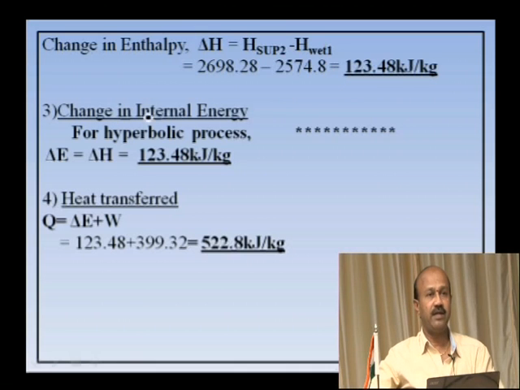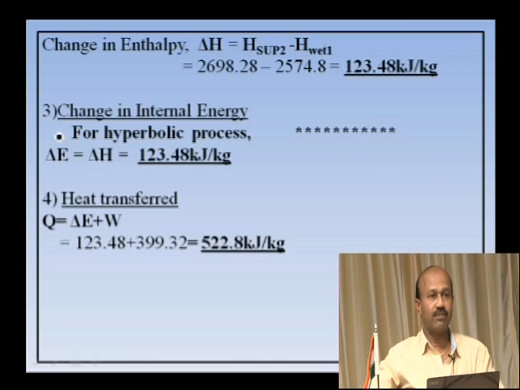Next, change in internal energy. In the derivation for a hyperbolic process, the change in internal energy delta E is nothing but delta H. In the conclusion, I told you, in a hyperbolic process always the change in internal energy is equal to change in enthalpy.